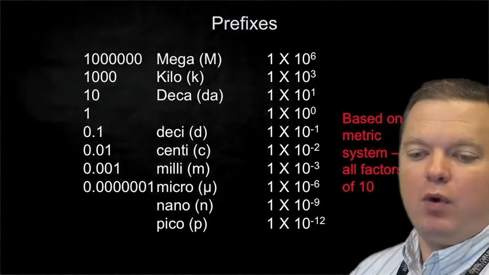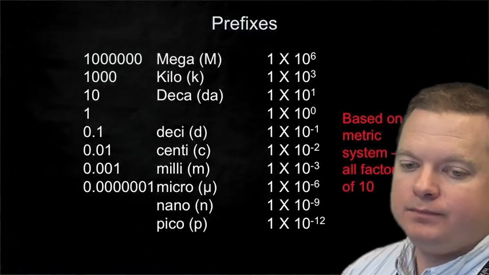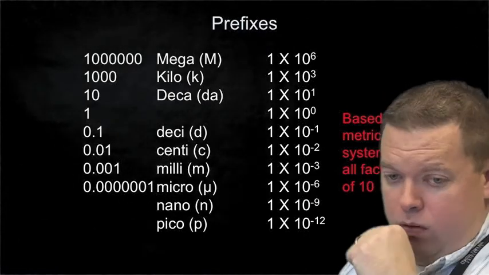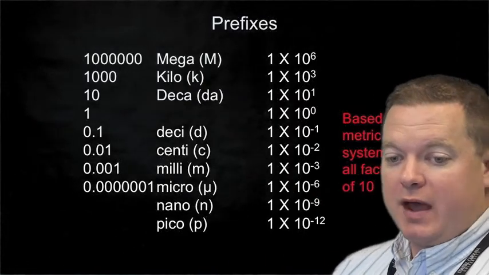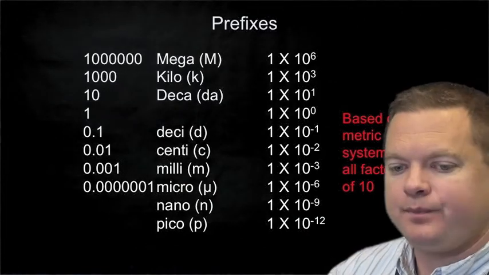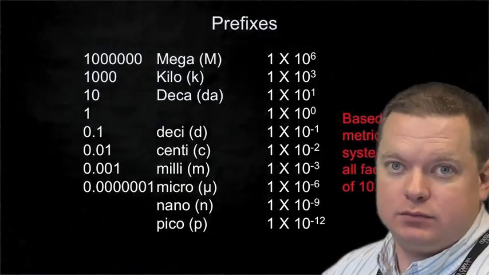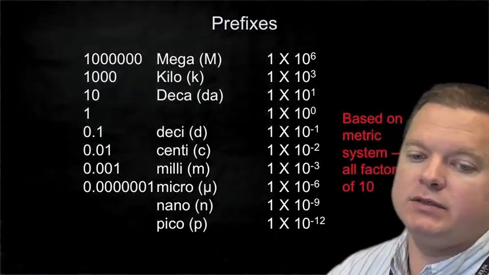If we have 1, that is equal to 1 times 10 to the 0. If we have more, we go by a factor of 10. 10 is equal, in scientific notation, to 1 times 10 to the 1. We call that a deca prefix.